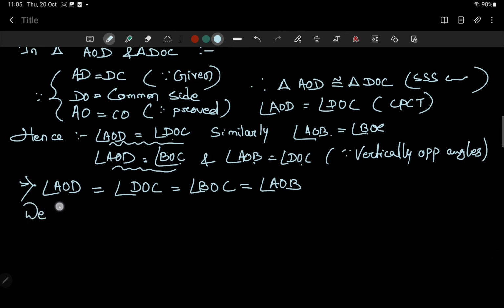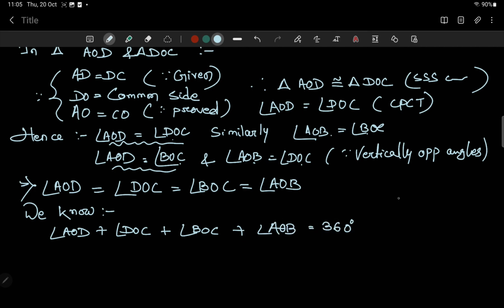We know that AOD plus DOC plus BOC plus AOB is 360 degrees. These are the angles around the point. But we know that all are the same.